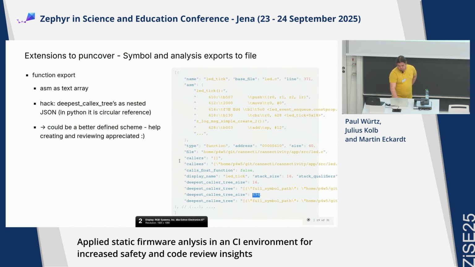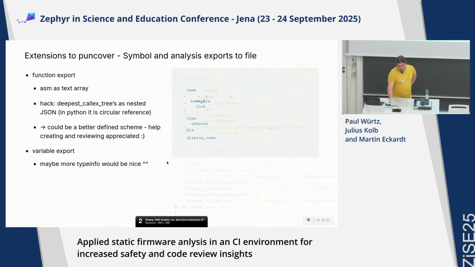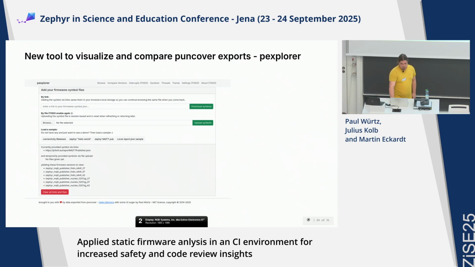And this is for functions. For variables, you're just getting the size and where it's located. I think maybe type information would be nice here as well. But it's all kind of hacky, just to make a minimal demo for you at the moment. So the representation part, I sourced out to a web application.